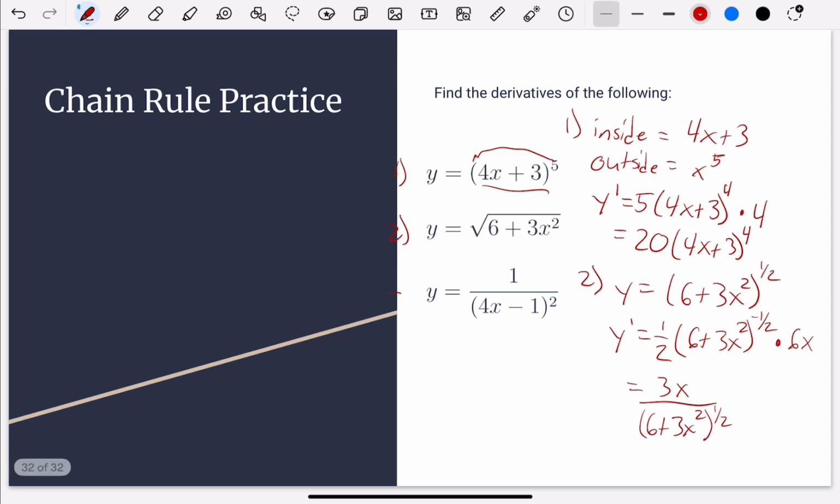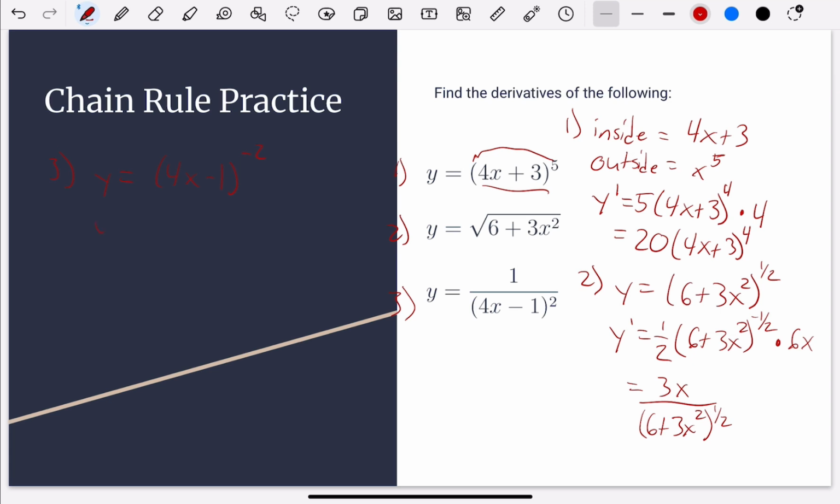Okay. And then the last one that I want to talk about is 1 over 4x minus 1. I'm going to rewrite that so that I have 4x minus 1 to the negative 2nd power, because I can't do anything with that power in the denominator. So instead I just rewrite it to be negative 2.